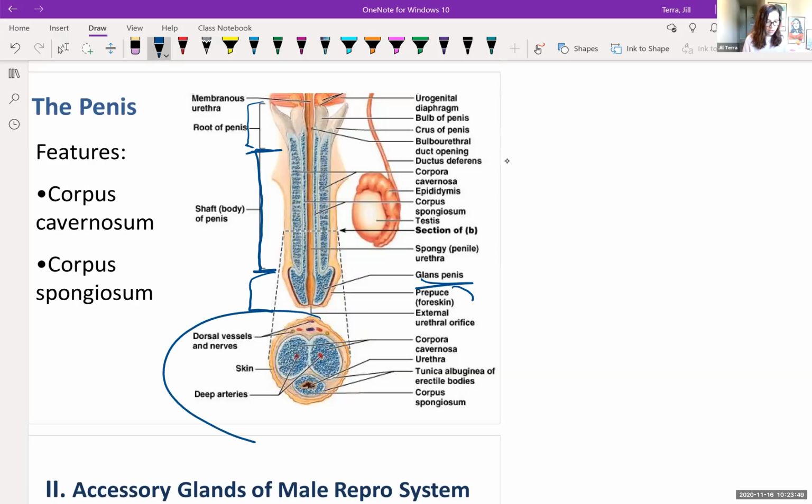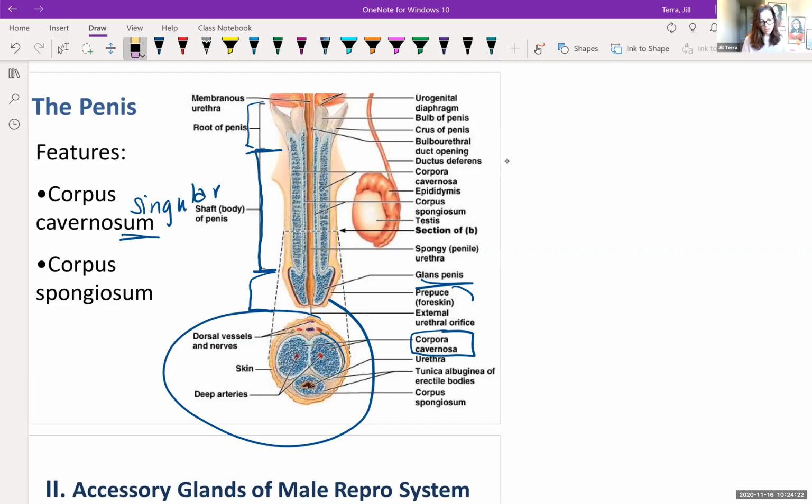So this is a cross section of the penis. And notice here that there are these two large tubes of tissue called the corpus cavernosa, or singular would be corpus cavernosum. Okay, so that's singular. And look at how we've got the dorsal vessels and nerves, and then the urethra is right here and is surrounded by its own tissue we're going to learn about.